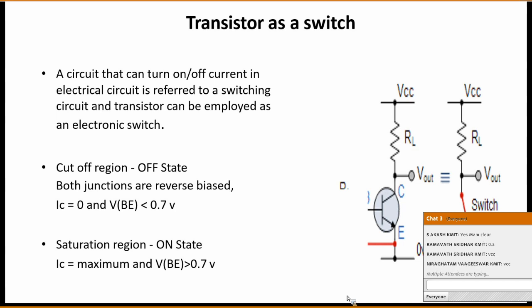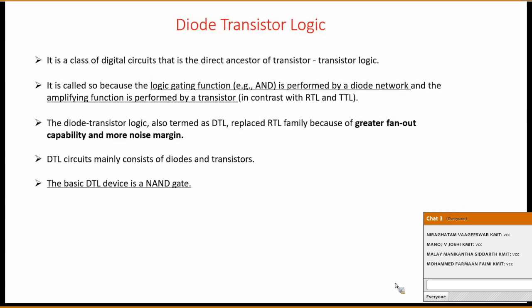Under cutoff, the current is very small, approximately 0, and the voltage is VCC. Whatever supply voltage we give, that will be our output. If you are clear with this, we'll move on to the next topic.